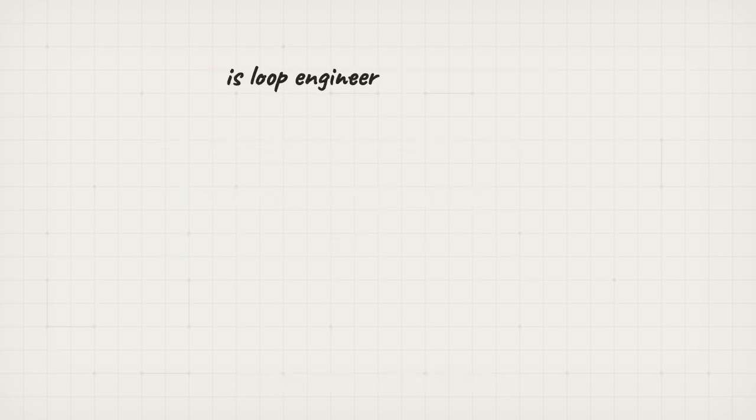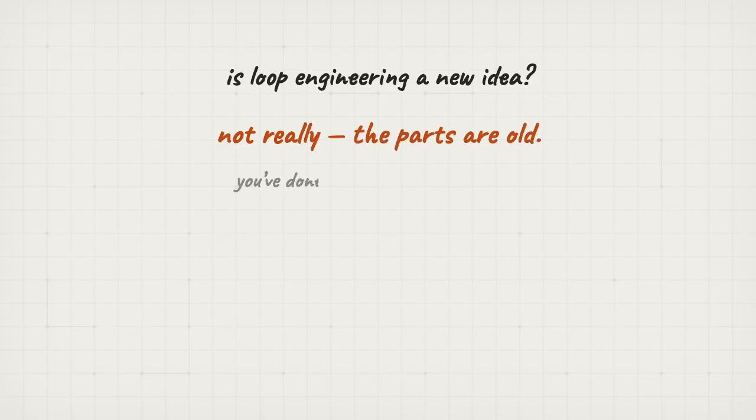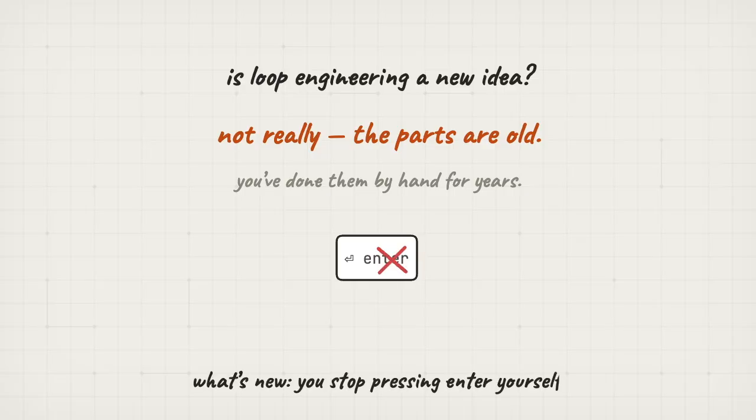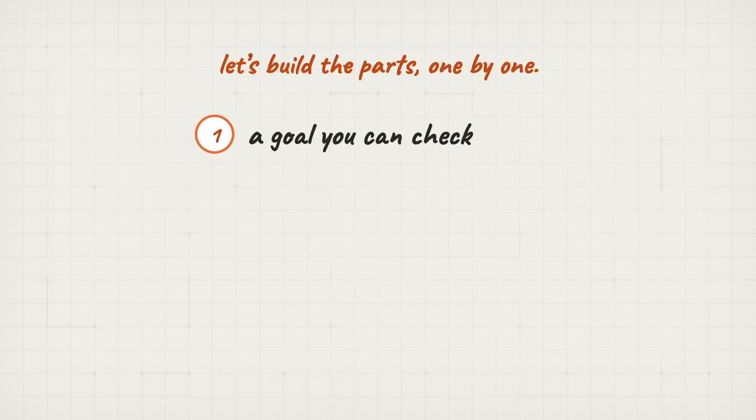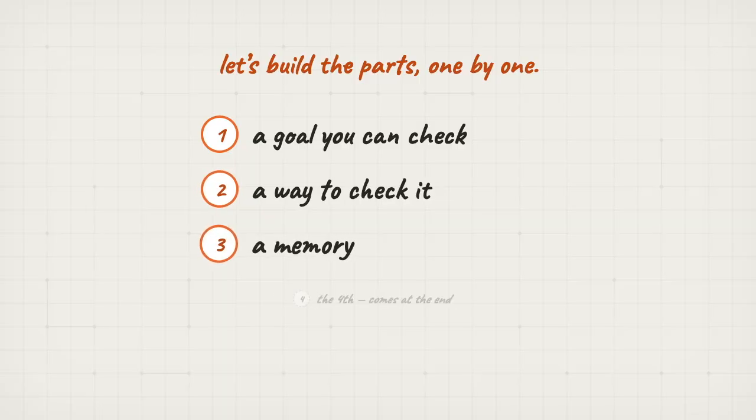Now, is loop engineering a new idea? Not really. The parts are old. You have been doing them by hand for years. What's new is that you can hand all three over to a system now and stop pressing enter yourself. Okay, so now let's build those parts one by one. Three of them I just listed. The fourth one comes at the end.